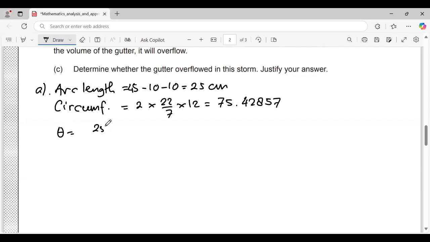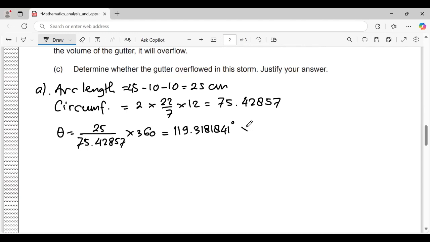That's 25 over 75.42857 times 360, which equals 119.3181841 in degrees.